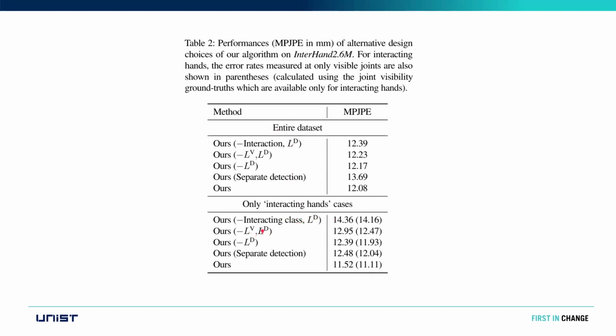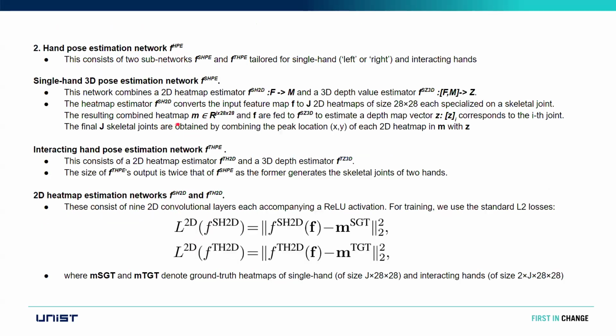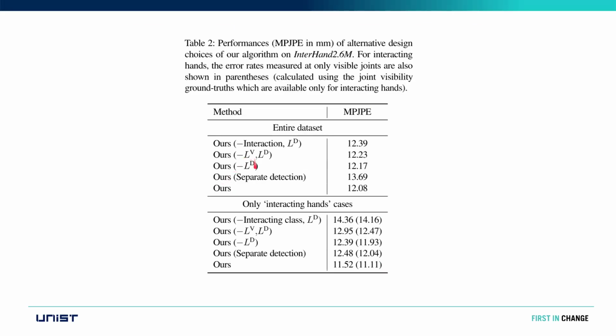Here I don't know what LD stands for. I think the LD is from detection, interacting classes. In this case, they do detection and separate each into single or interacting hands, and if they don't do this, the result is this one. But when they put everything together, they get the best result.